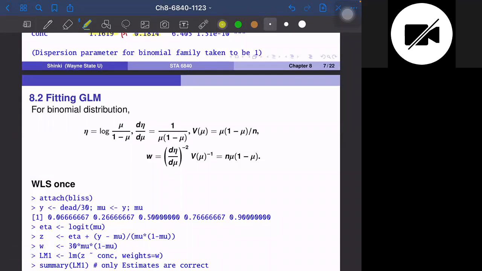So now we want to do this with the logistic regression. The link function is the log of mu over 1 minus mu, so that is eta. If we differentiate with respect to mu, that becomes 1 over mu times 1 minus mu. As you know, if the expected probability of success is mu, then the variance of the observation is mu times 1 minus mu over n.